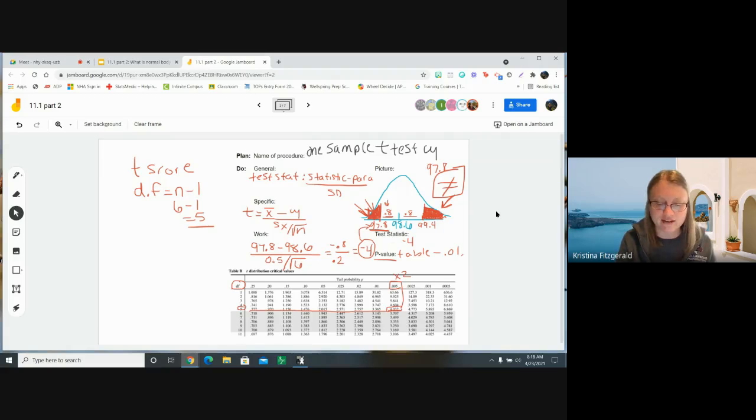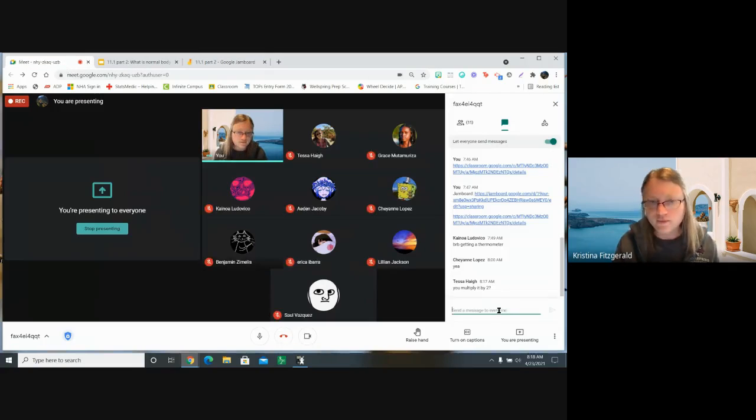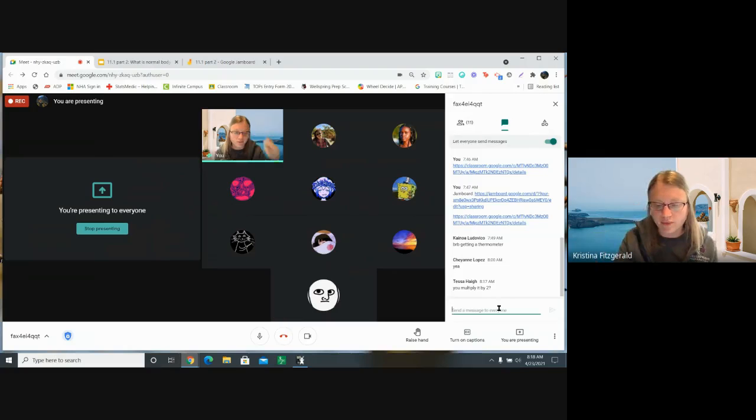If I did the less than or the greater than, then I wouldn't have to double it. But since I'm thinking of both sides, then I'm doubling it. So just in this not equal to scenario, yep, we would double that number.